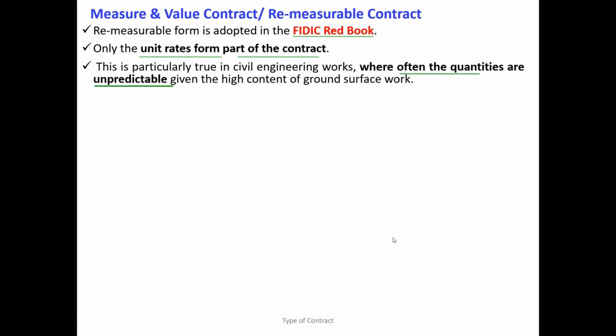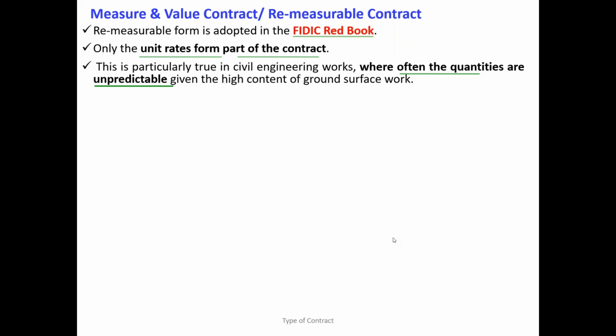For example, any works you are going to do under the ground, can we predict what is inside the ground? What is going to be the soil condition? Or think about a highway from city A to B. Can we take the soil report properly for all the locations to identify the soil condition across 1,000 kilometers?